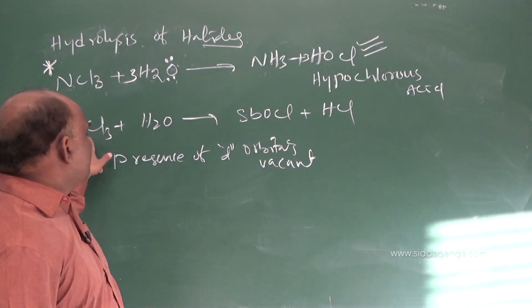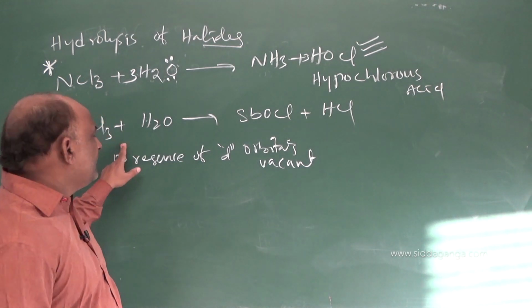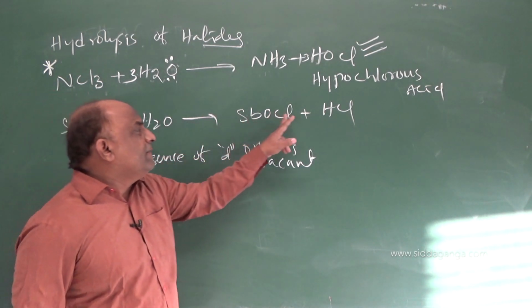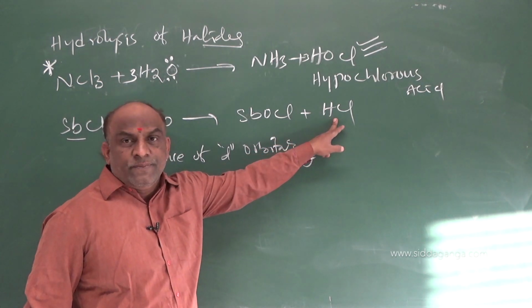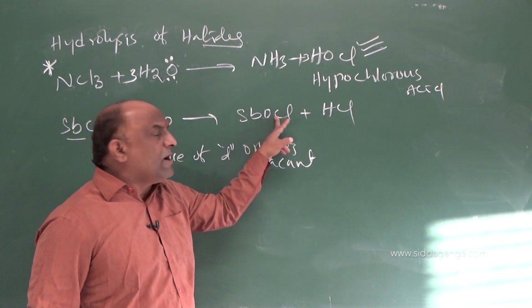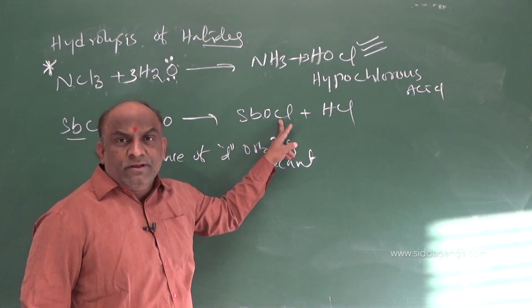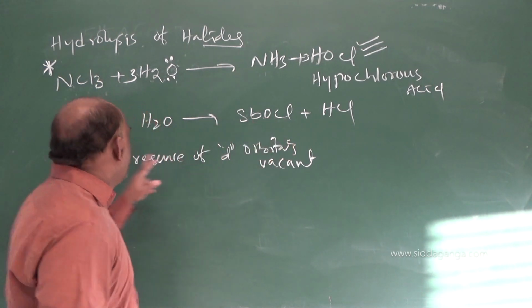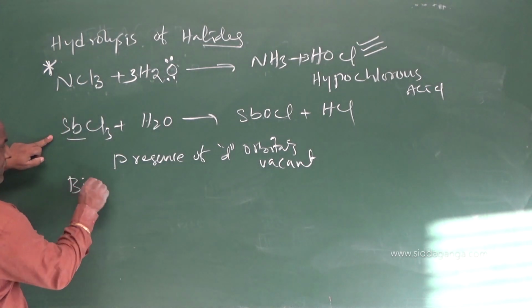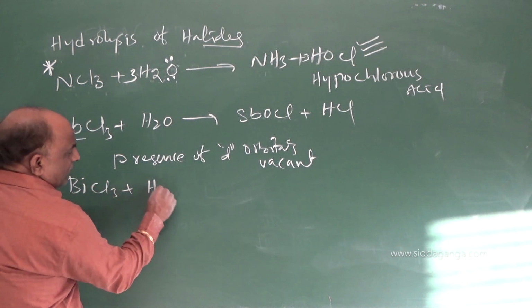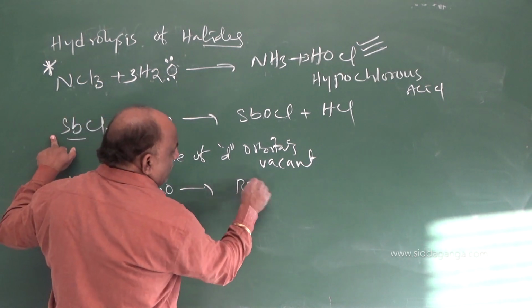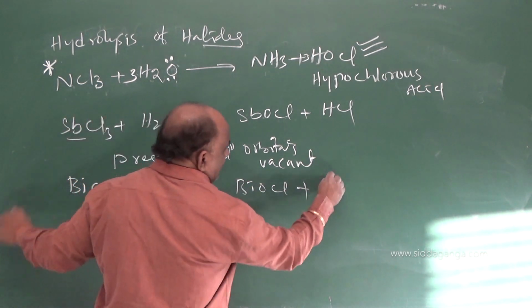But here, once the compound is SbCl3, the answer will be SbOCl plus HCl. Antimony hypochlorite is a compound, a very important point. And one more example is BiCl3 plus H2O gives rise to BiOCl plus HCl.